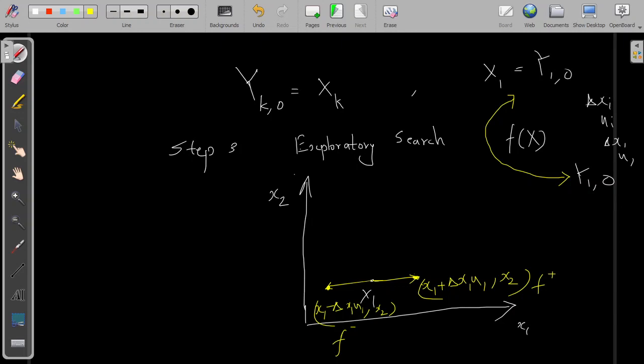So in the exploratory search, the x1 is y10. That means in general I'm writing it as yk comma i.